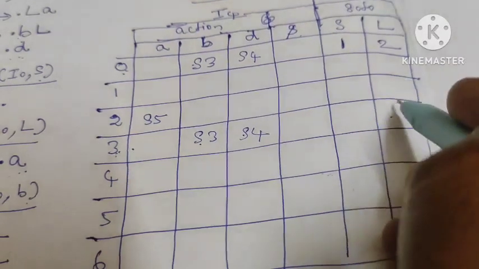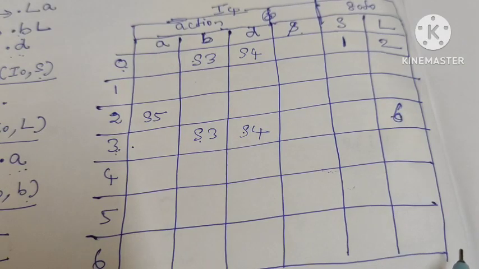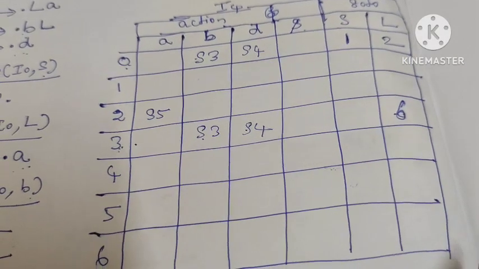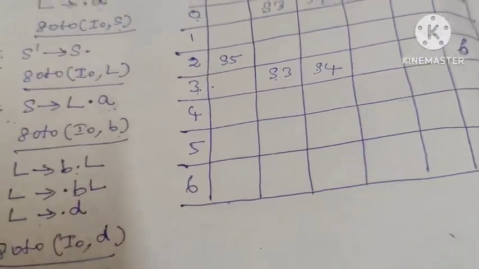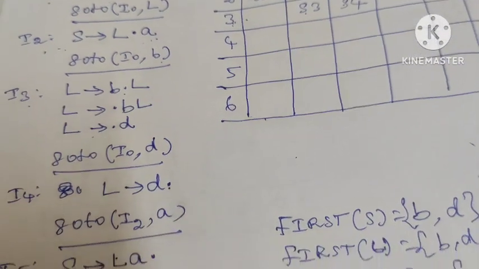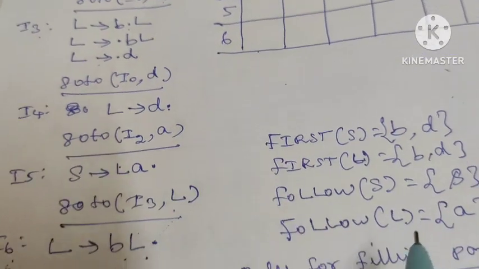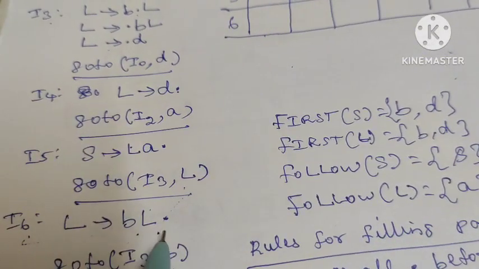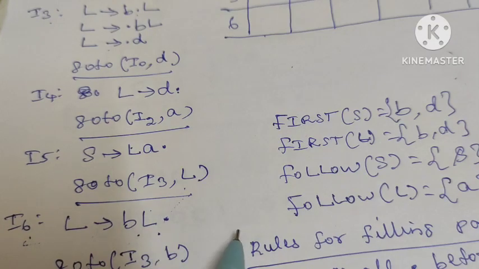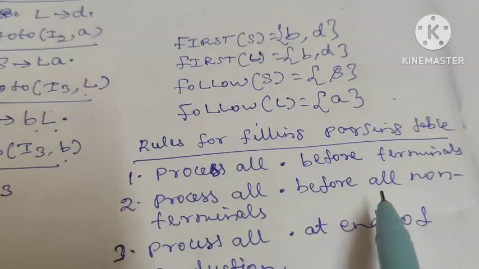So I simply write it as 6. I6 has to be written as 6 here. Now we'll go for I4. In I4 there is no dot before a non-terminal, and in I5 we don't have a dot before a non-terminal, and I6 also we don't have a dot before a non-terminal. So rule number 2 has been completed.